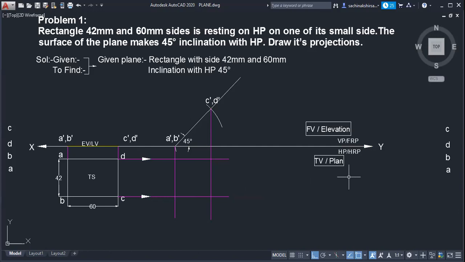Similarly, projection lines only you have to draw, nothing else. Simply the direction I am showing here, just the direction from where I have drawn the projection line. It may be from all the points.